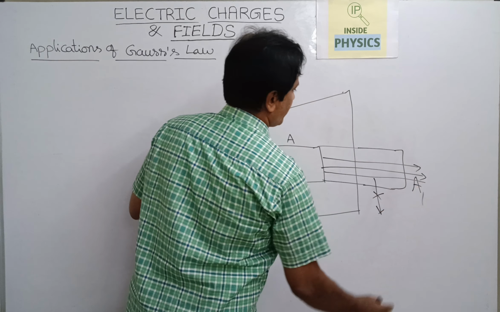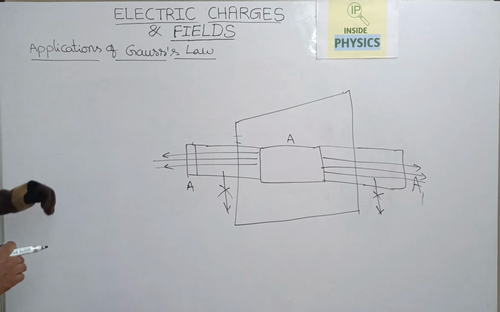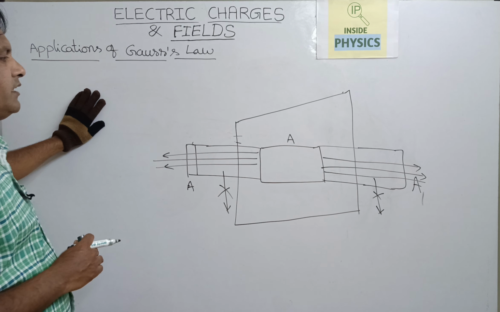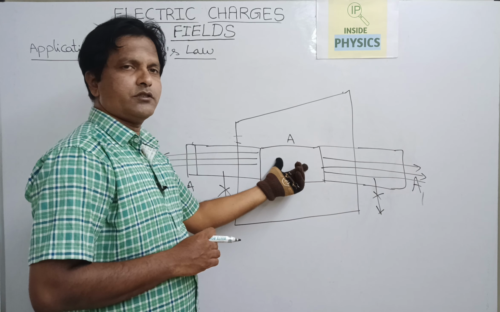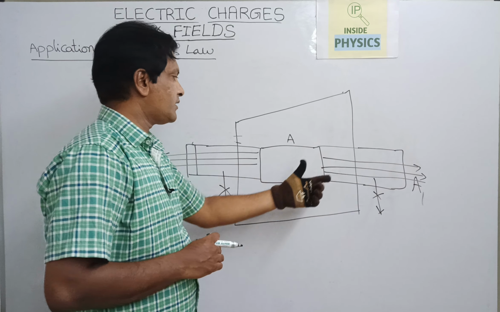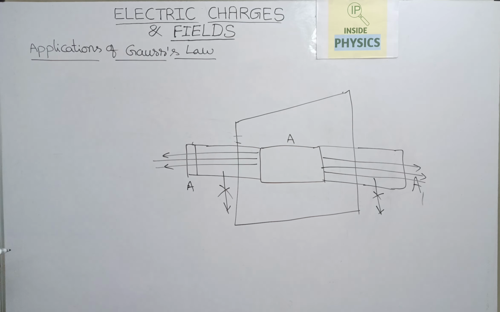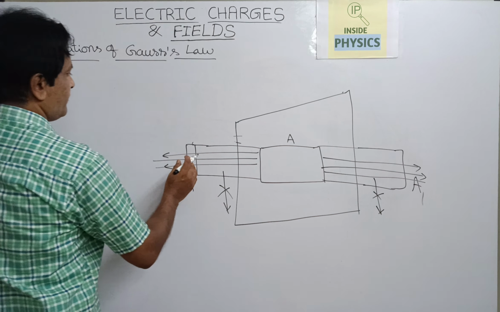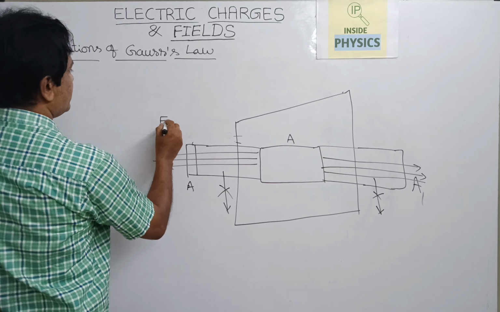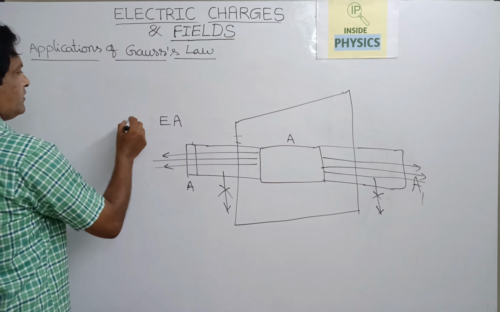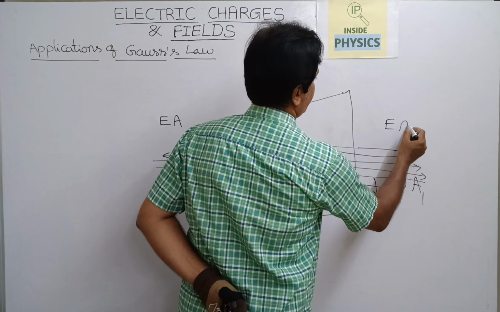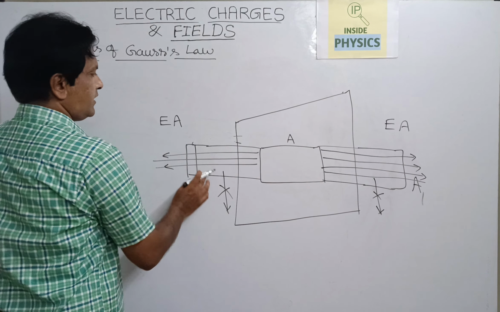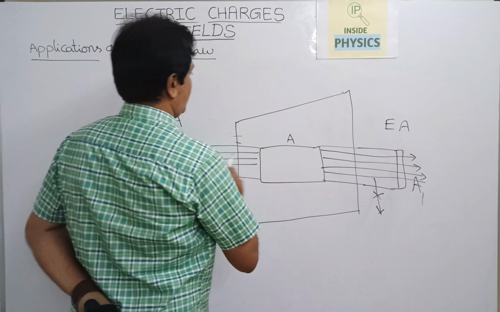Now, according to Gauss law, the total electric flux coming out of the surface is equal to 1 by epsilon naught times the charge enclosed inside this rectangular box. The flux coming through this area is EA, right? And the flux coming through this is also EA, because both areas are the same.